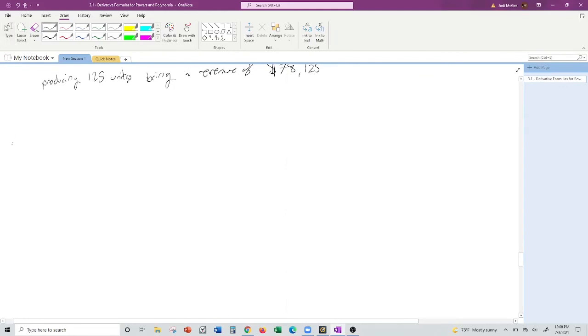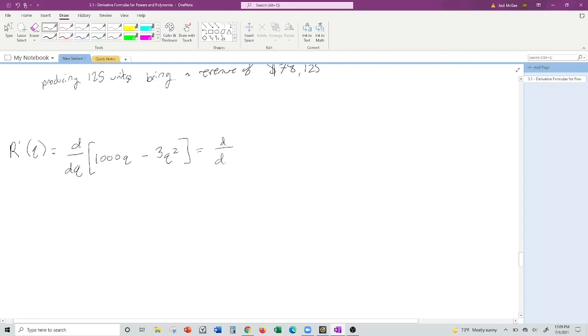The next thing we need to do is calculate r prime of 125. The first thing we need to do is find r prime of q. This is the derivative with respect to q of the function 1000q minus 3q squared. We can use our difference rule.